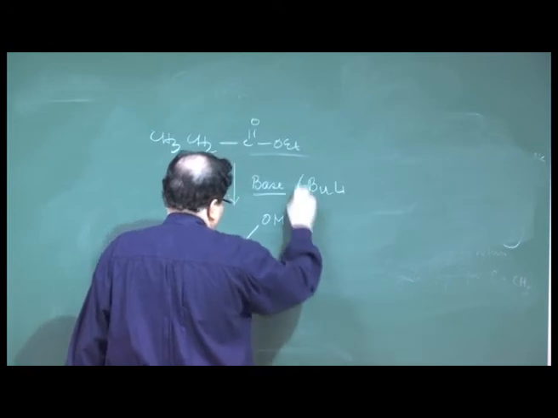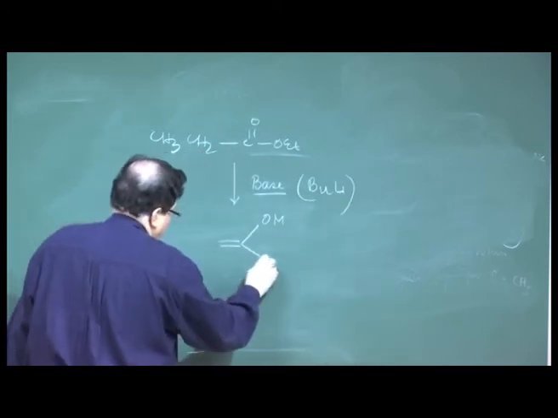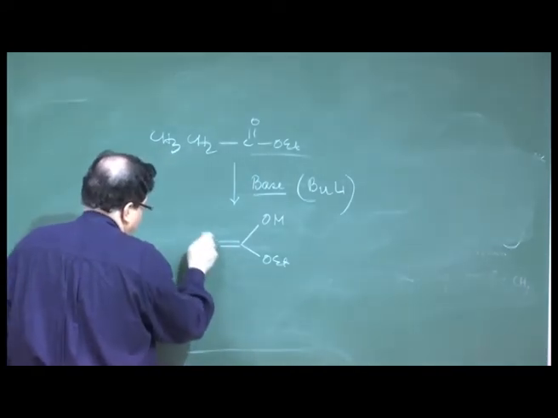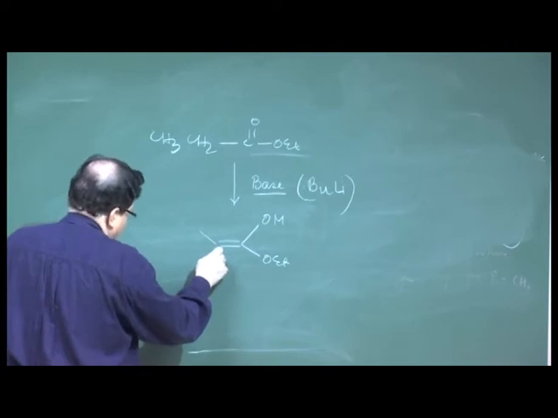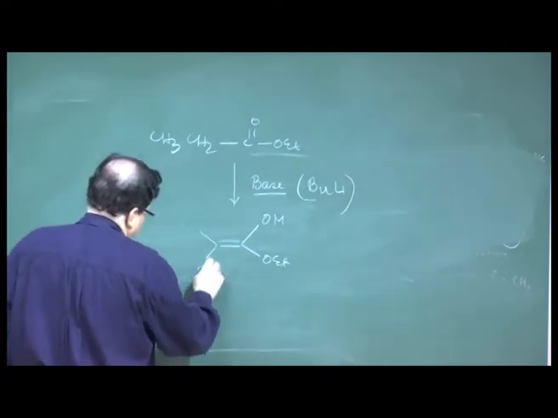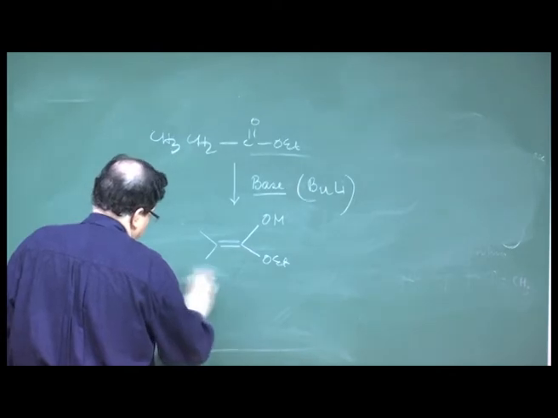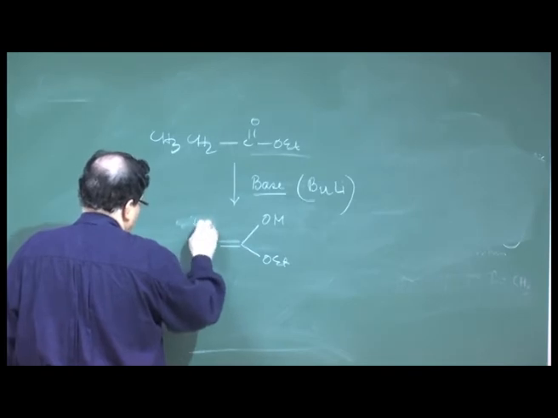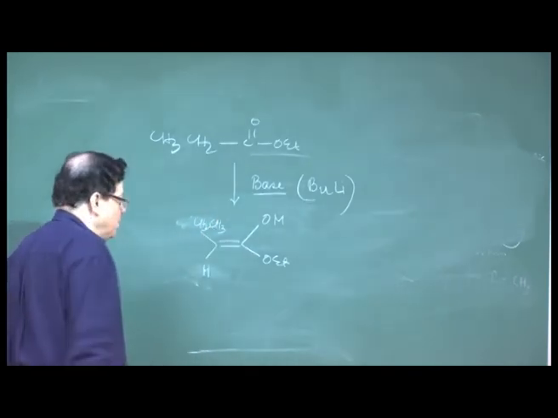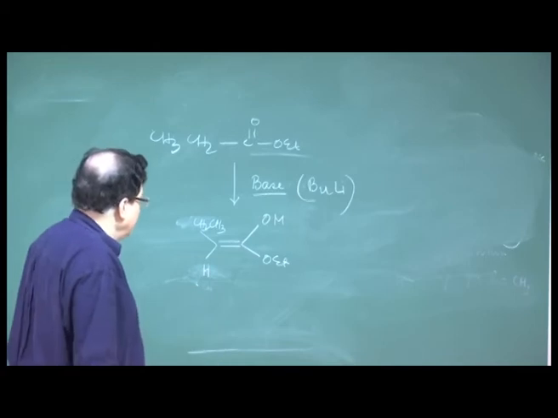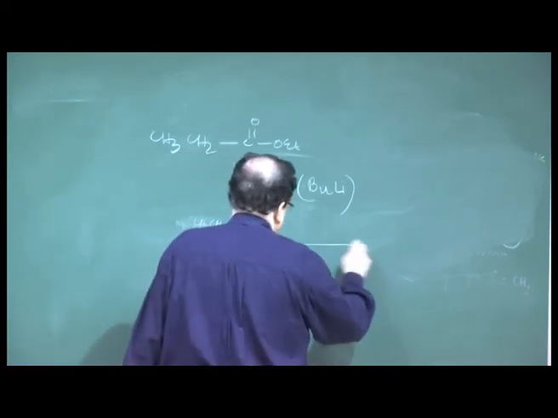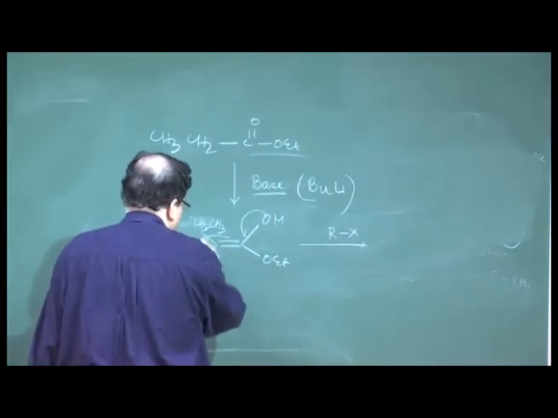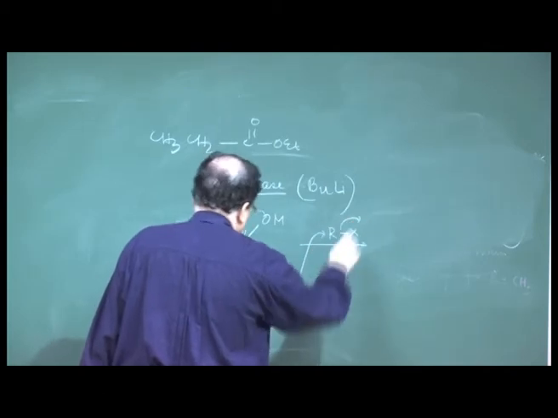This will be the metal, and this will be OEt. Depending on the substrate, there are two types of enolates that can be formed. Suppose I get this enolate in predominant amount, okay. It also depends on the reaction conditions which enolate will be formed. Then I do the reaction with the alkyl halide. So, this comes and attacks the R, and the X goes out.